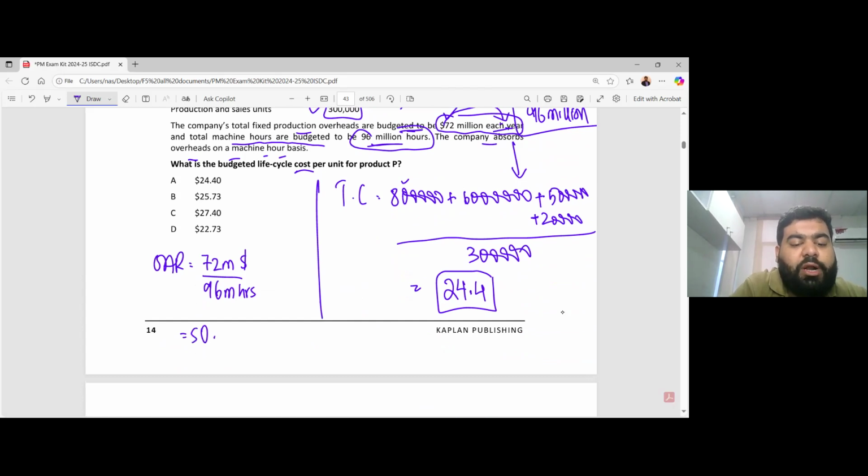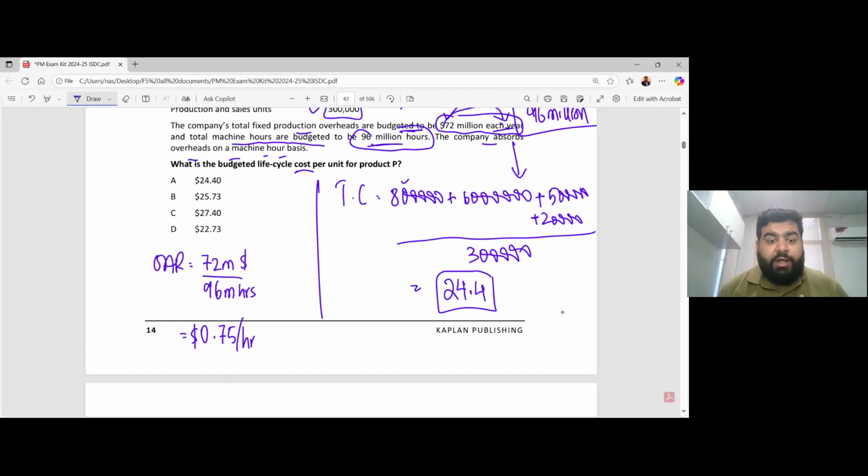Dollar 0.75 per hour. Now we come to know how much overhead was incurring in 1 year: 72 million. But in that year, 96 million hours were being used. So when I calculated the per hour overhead cost, it was 0.75, meaning when 1 hour has gone, 0.75 of overhead has been incurred.